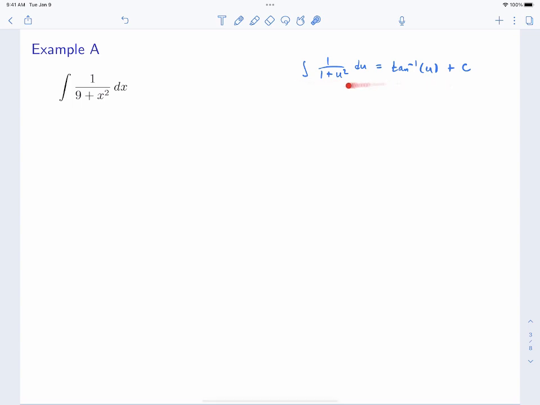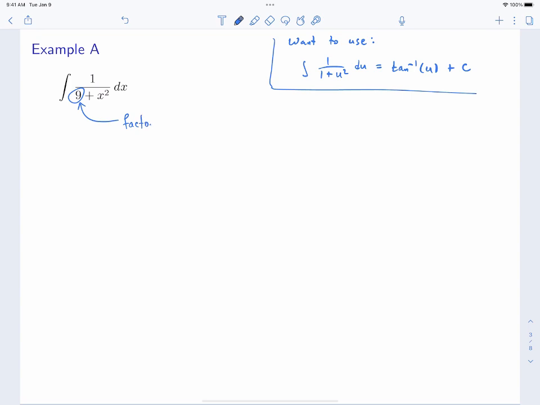This is the rule that we want to use. But we can't use it exactly as our integral is written here. We have a 1 over 9 plus x squared, not 1 plus x squared. But that's okay. What we're going to do is just factor out this 9 right here.